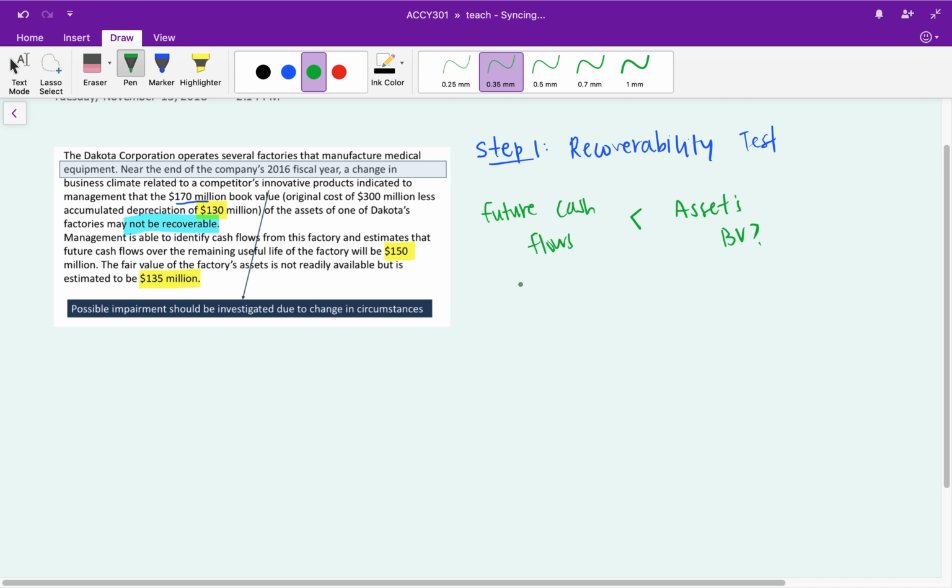If the answer is no, then there is no impairment. If the answer is yes, then there would be impairment, and we would have to record that. So future cash flows is written right here as $150 million, and the asset's book value is $170 million. So it is less than the book value, so yes, there is impairment.